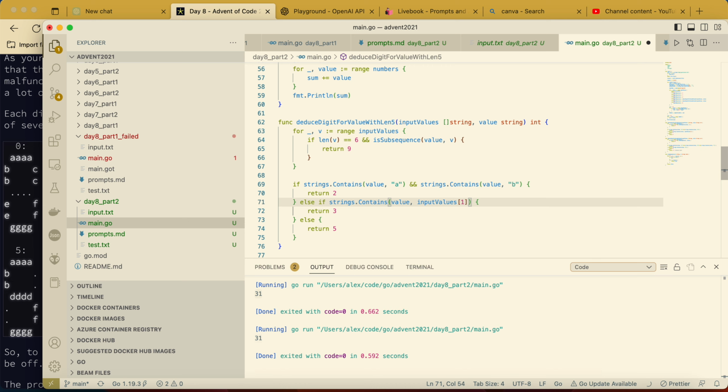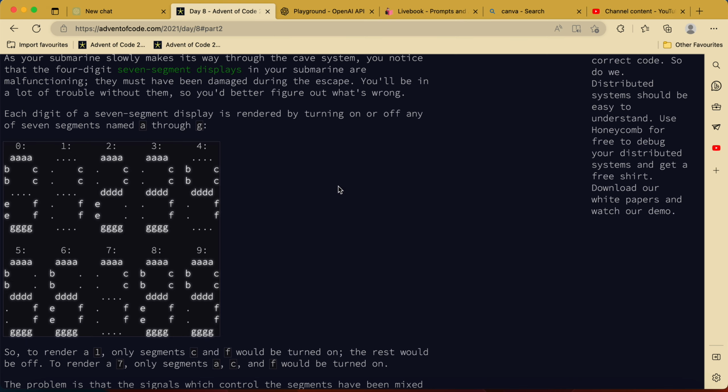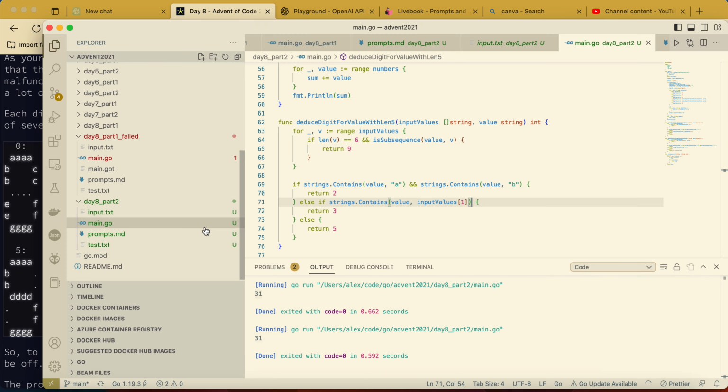If it contains the 1, it should be 3, and it's in this length.